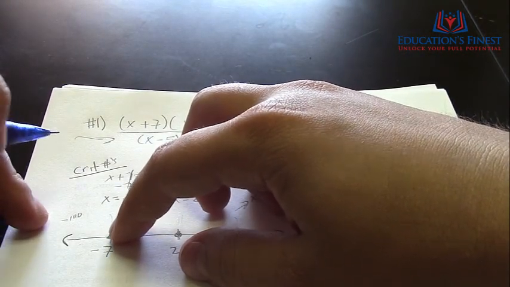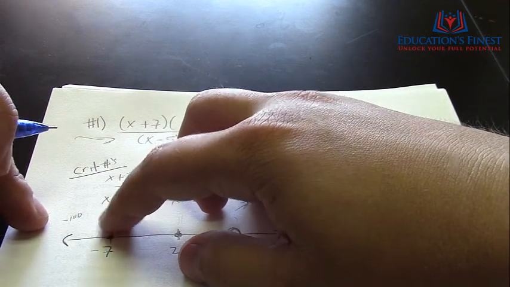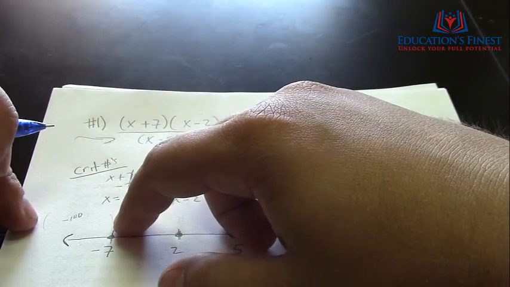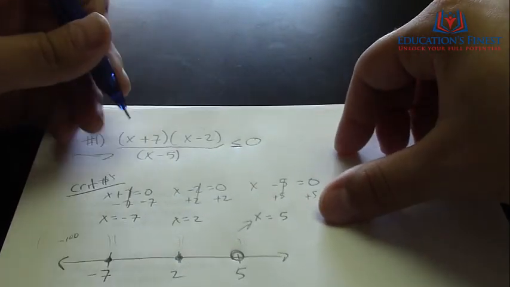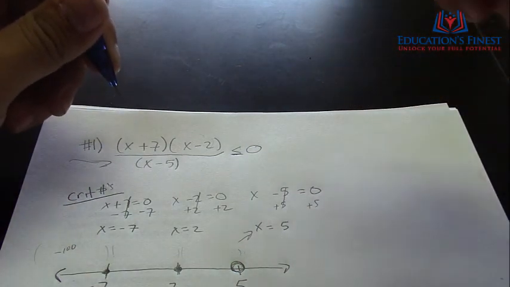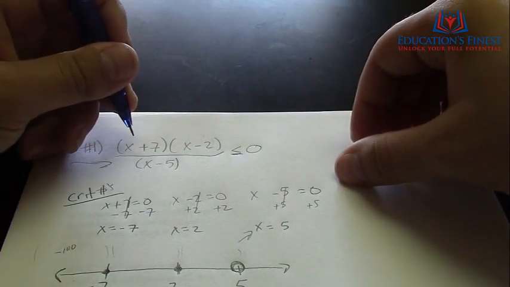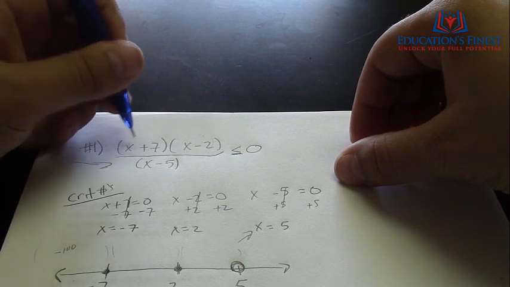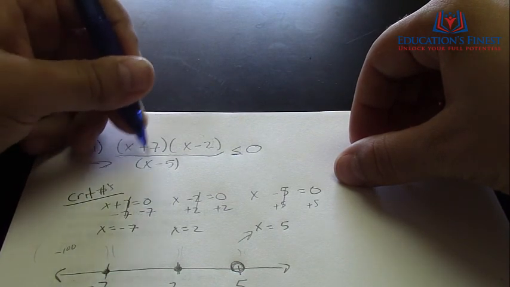You want to see if this section consists of values less than 0 or greater than 0. You don't have to physically stick it in. You just say, if you stuck -100 into x, what number are you going to get overall?